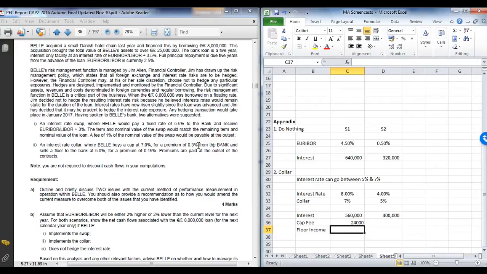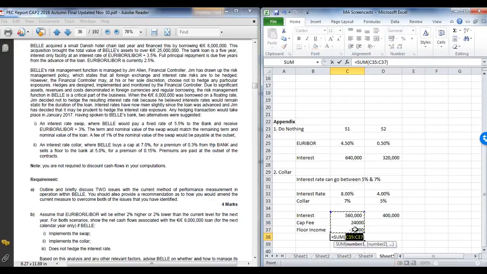However, we're going to get income from selling a floor, because remember, a floor is bad for us because it sets a minimum interest rate, so someone will be willing to pay for that, i.e. the bank. So in that case, it's going to be a minus because it reduces the payment we pay of 8 million times 0.0015. So the net impact is it's costing us 12 grand of a fee for the collar.